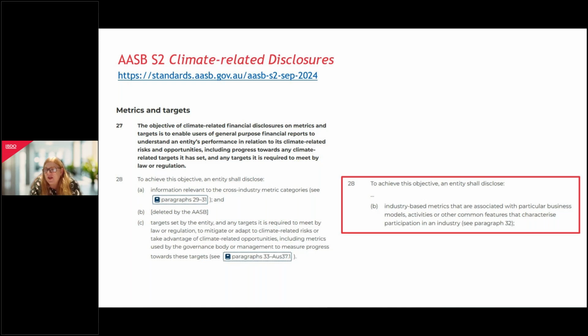The paragraph that they've deleted is 28B on the right-hand side, and that is the mandatory requirement to include industry-based metrics that are associated with particular business models, activities, or other common features that characterize participation in an industry. So that specific industry-based metrics have been excluded.